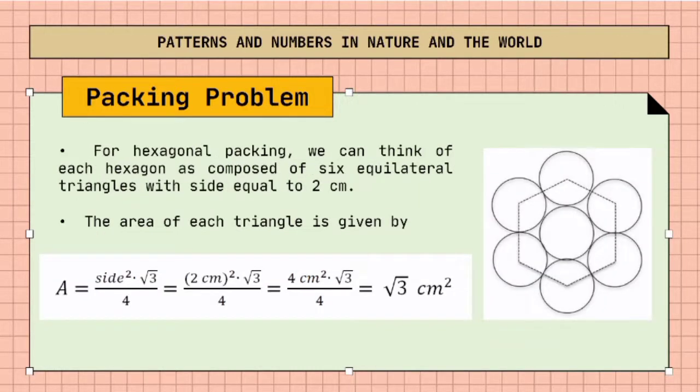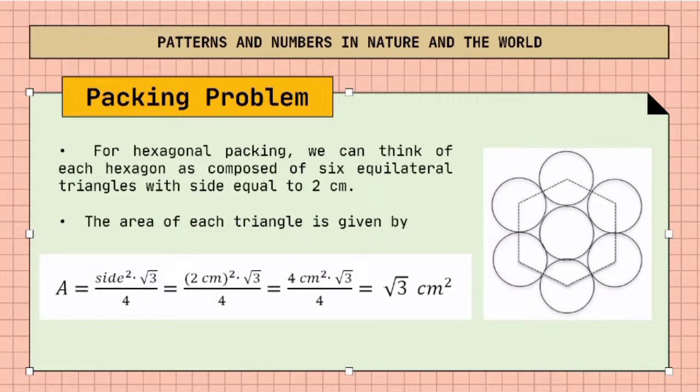which is approximately 78.54%. For hexagonal packing naman, we can think of each hexagon as composed of 6 equilateral triangles with side equal to 2 centimeters. The area of each triangle is given by area equals side squared times square root of 3 over 4.